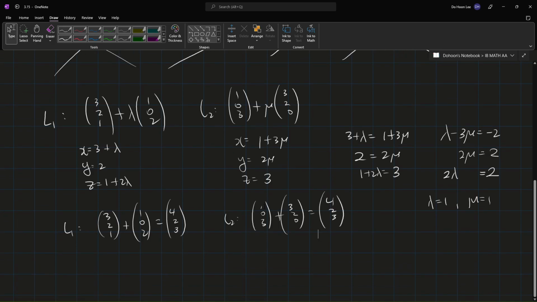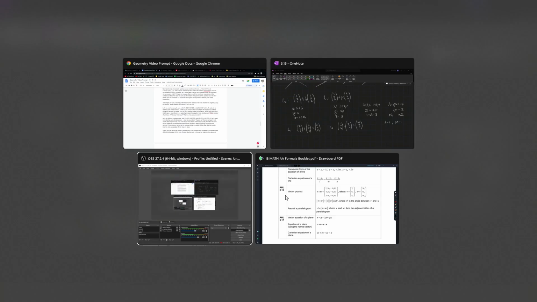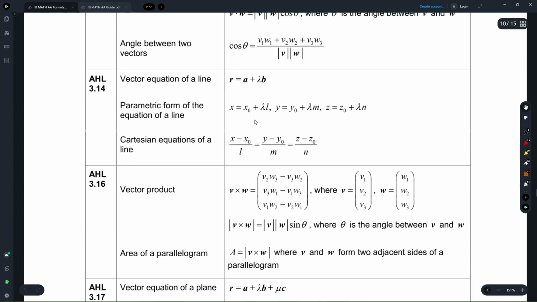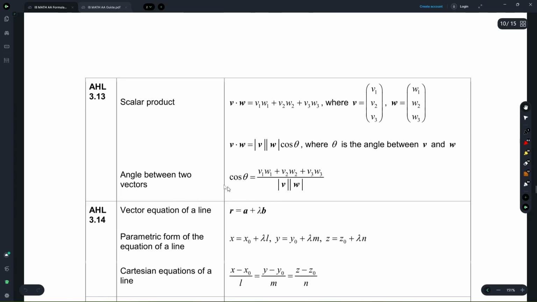The angles are a bit easier. We simply take the direction vectors of the lines and find the angle by using the formula for the angle between two vectors. I'm going to use the formula from section 3.13. Cos theta equals v dot w, so the scalar product of the two vectors divided by the magnitude of each vector.